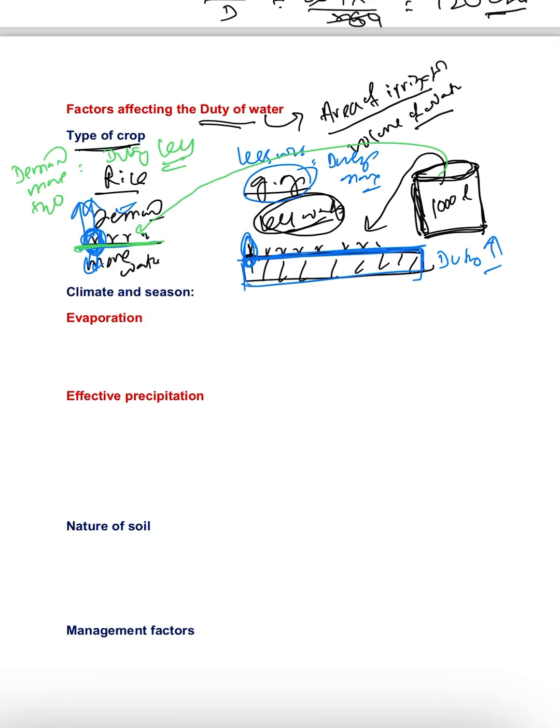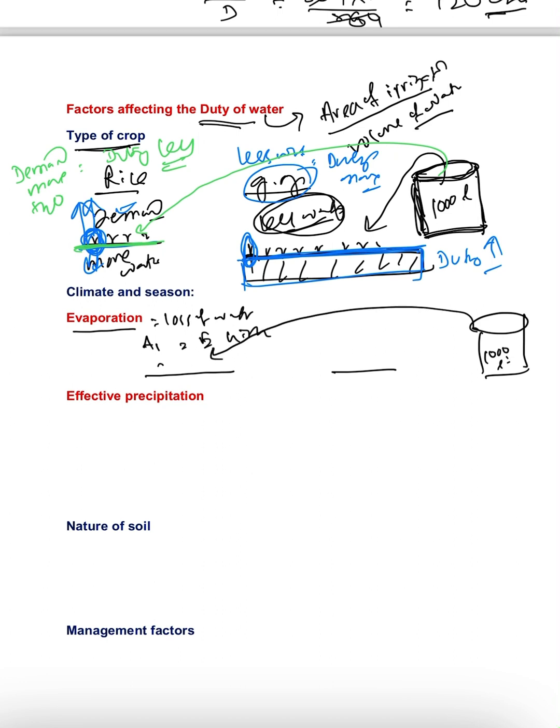So under climate, one is evaporation. As you know, evaporation means loss of water. Suppose there are two areas, area 1 and area 2. In area 1, the evaporation is high. High evaporation means whatever water I have, that is 1000 liter, I am applying to this area and suddenly it gets evaporated. So it is a loss.